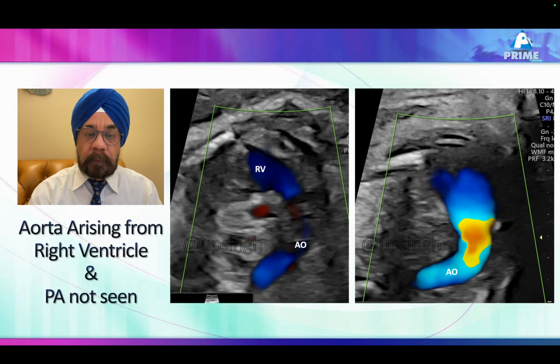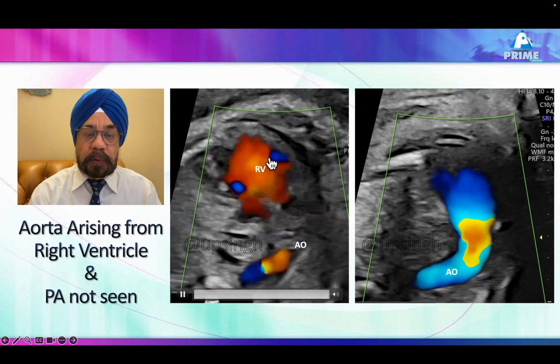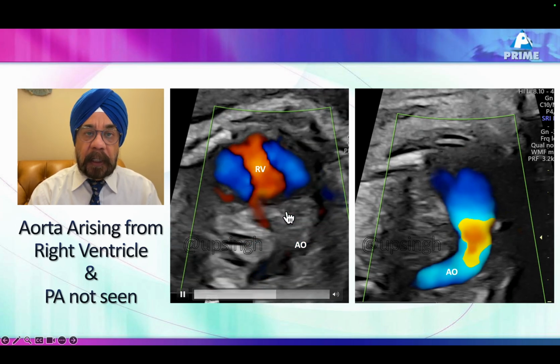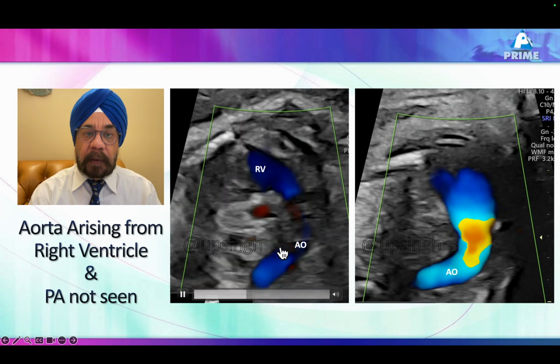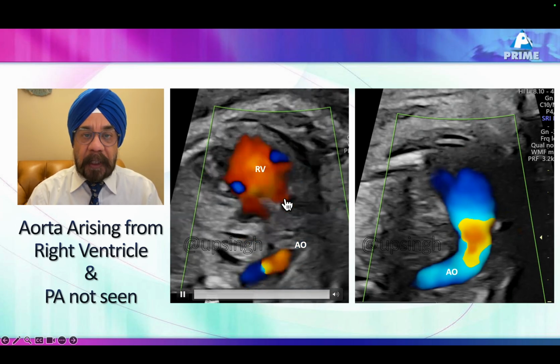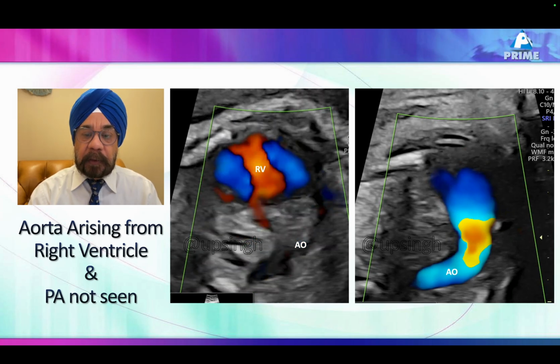Now, going with a segmental approach, you go to the right ventricle and you see the aorta arising from the right ventricle. Okay, so that means the aorta is transposed to the right ventricle. What about the pulmonary artery?